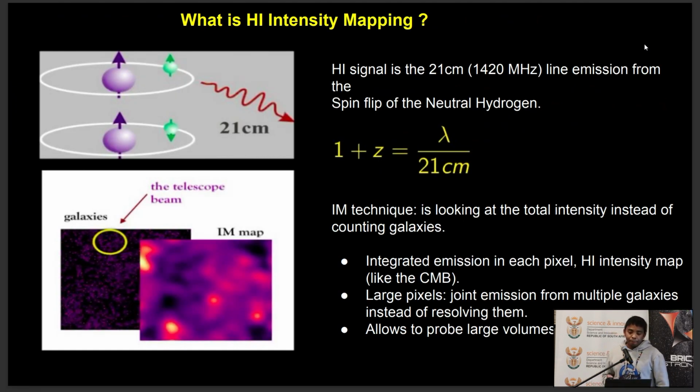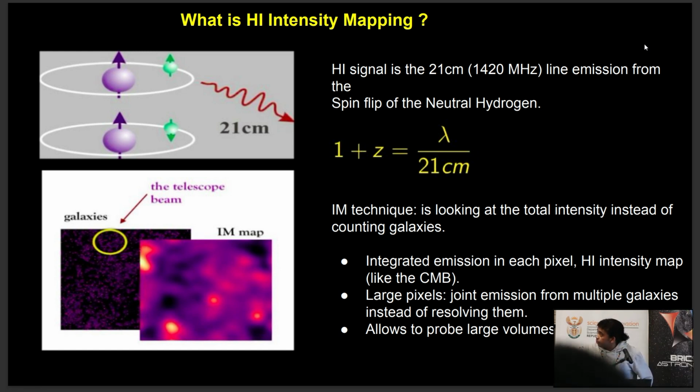The main idea behind intensity mapping is that it's a technique that allows us to look at the total intensity instead of resolving the galaxies. So we give up counting galaxies one by one, and that allows us to probe more volume.